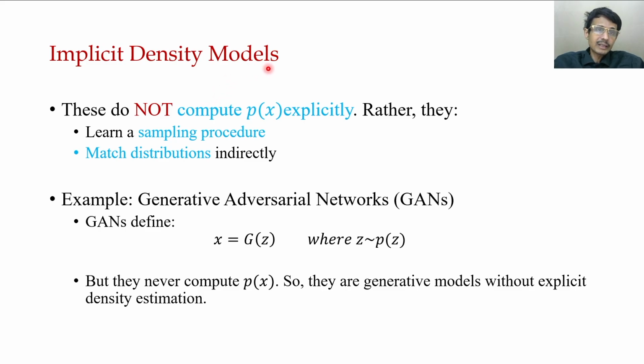Now our next thing is implicit density models. So in implicit density models, what happens? These models do not compute the p(x), this probability density, explicitly. Rather, they learn a sampling procedure or match the distribution indirectly.